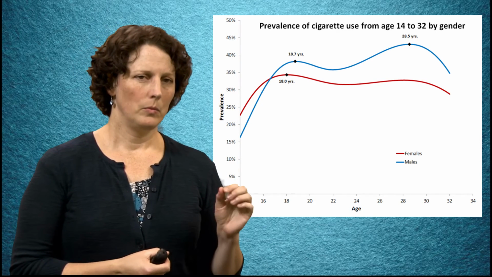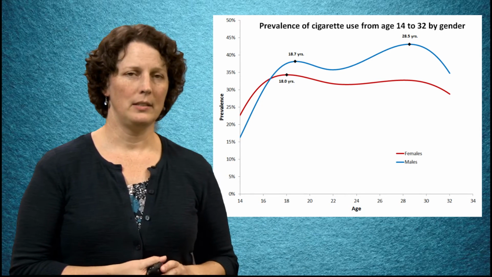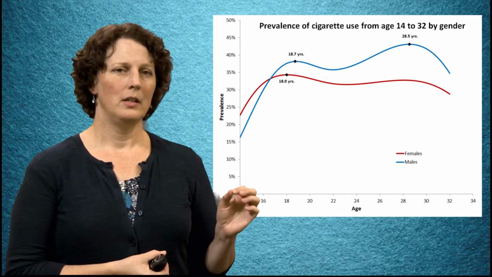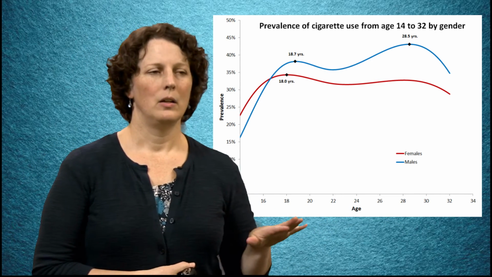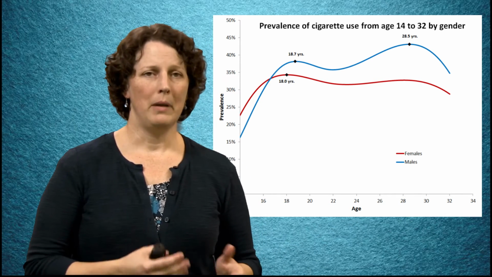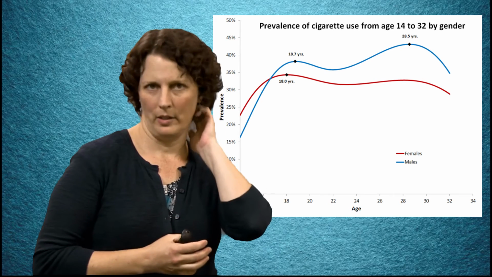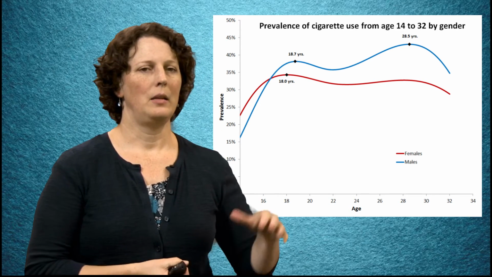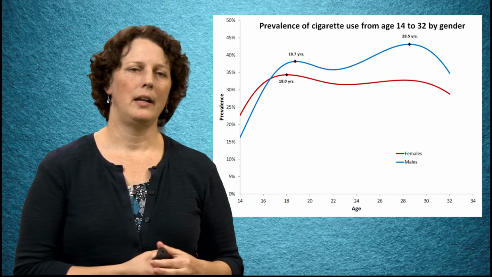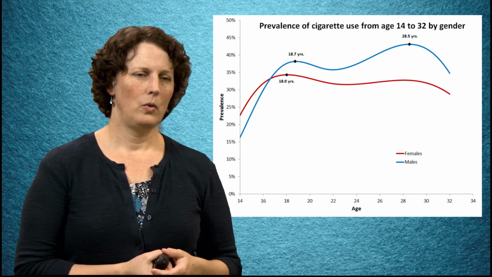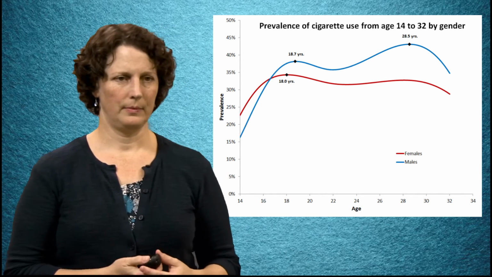The red line shows the prevalence for females across this age range. And we see that females have higher rates of smoking in early adolescence, but very quickly they plateau, and males, on the other hand, start lower than females, but they cross in adolescence, and they peak at around age 19. They go down a little bit, and then they peak again at age 29. And so we see that sex has a time-varying moderation effect.